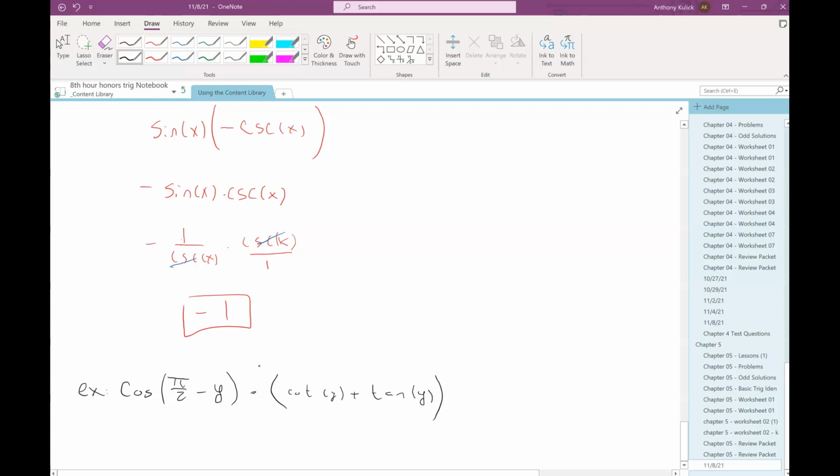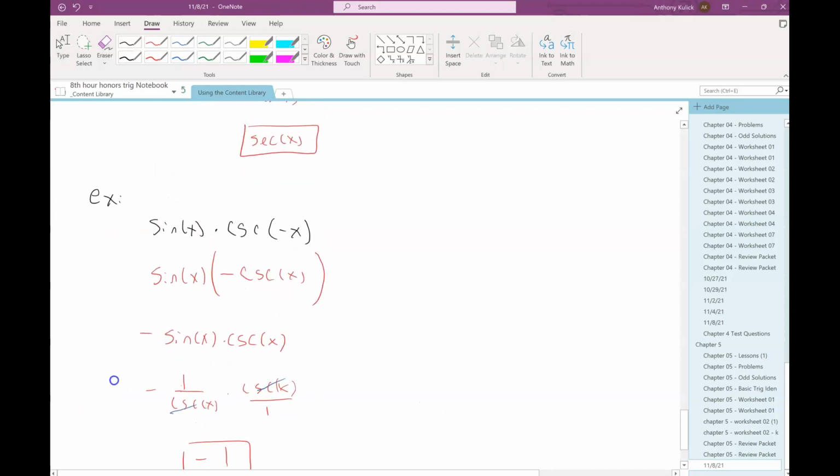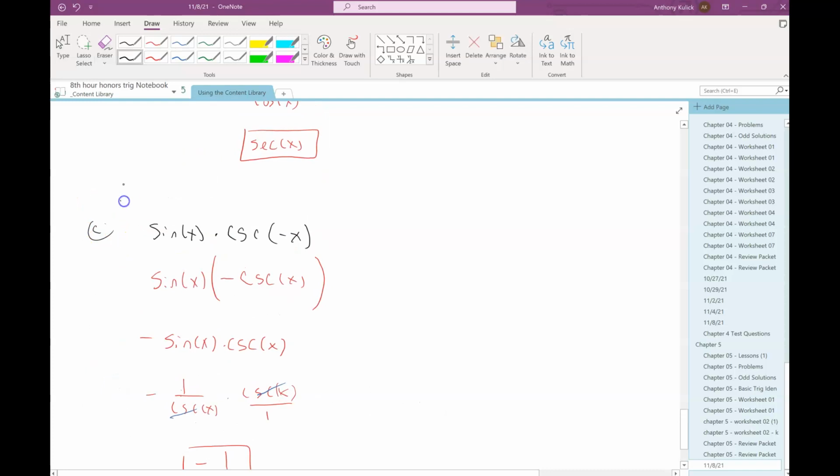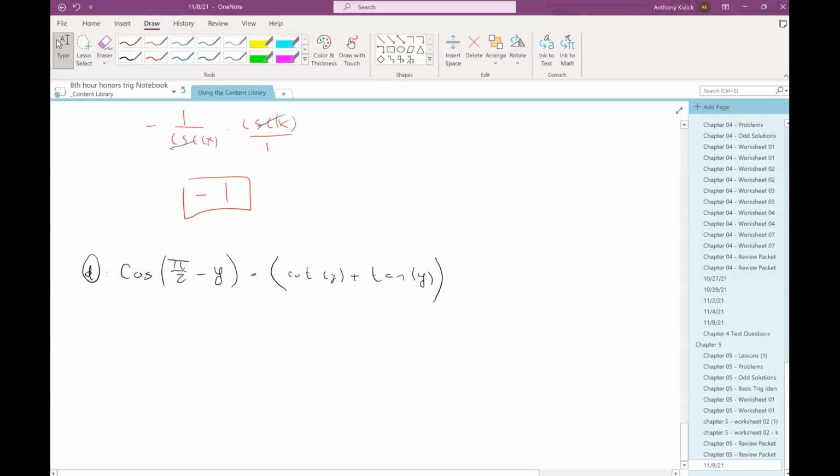All right. Say we have cosine of pi over 2 minus y times the quantity cotangent y plus tangent y.